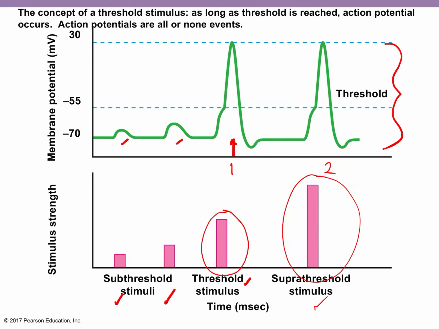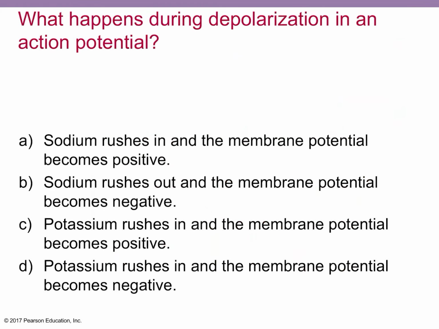So how is it that a neuron can convey a small signal or a great signal? Like, how can the neuron pass on the information of just the intensity of the stimulus?